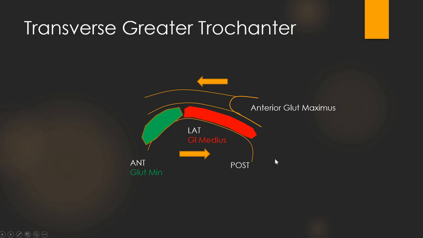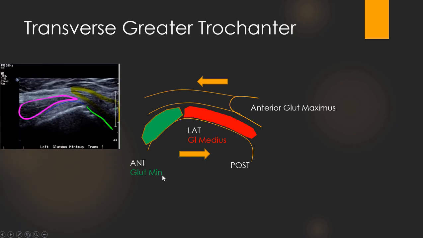If we were on our left hip, we'd have the patient on their side, the left hip facing up because that's the affected hip, and we would see minimus, and then beyond the little bump in the bone where it transitions to lateral facet, we'd see medius, looking the same thickness both anterior, mid and posteriorly. And then we're going to see the maximus move like this over the top of the rotator cuff tendon.